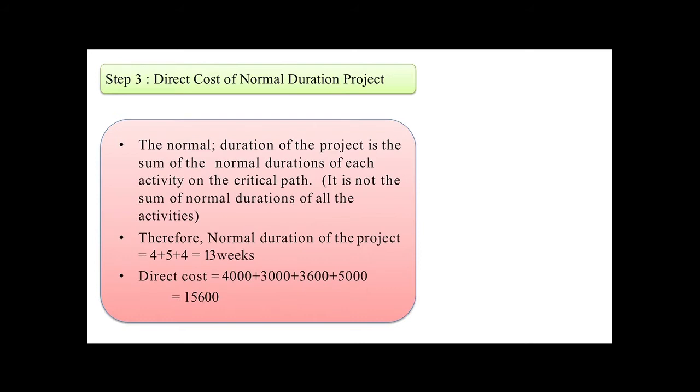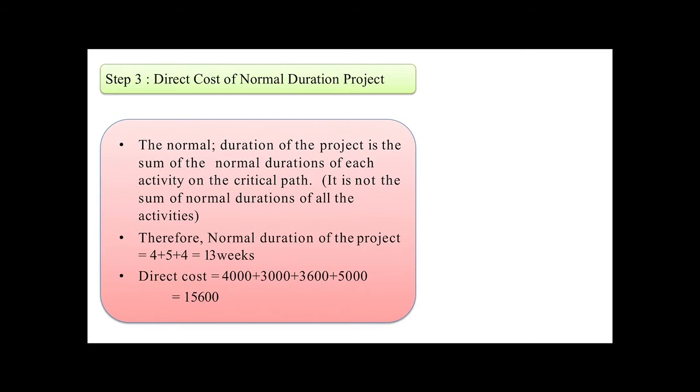The duration of the project is the sum of the normal durations of each activity on the critical path, as we know. Therefore the normal duration of the project will be 4 plus 5 plus 4. The critical activities we have to add. So 4 plus 5 plus 4, that is 13 weeks, is the normal duration of completion of the project.